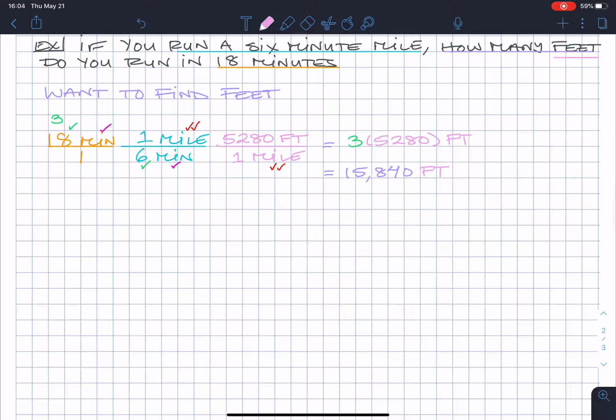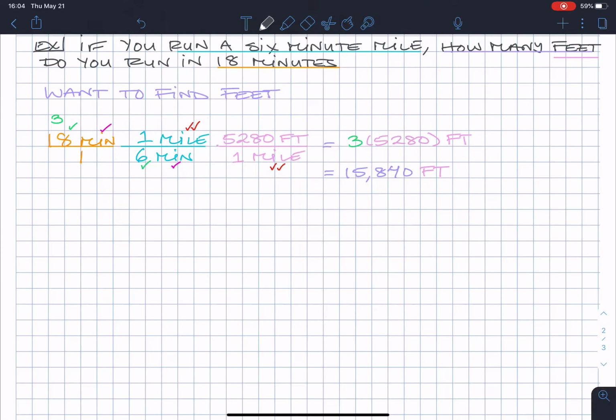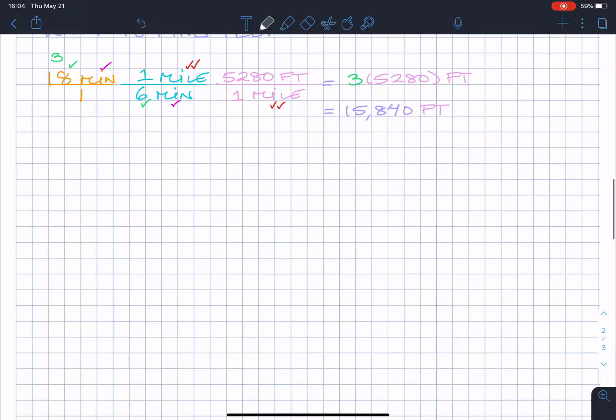Okay, so that seems a little heady. But let's go back to something. I don't know if it's easier, but practice is always good.